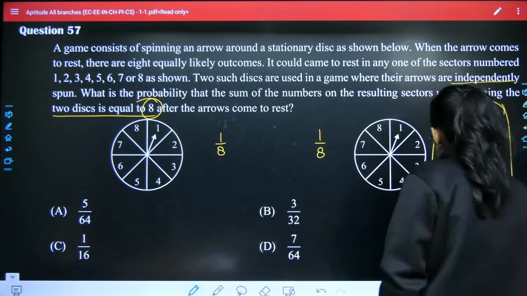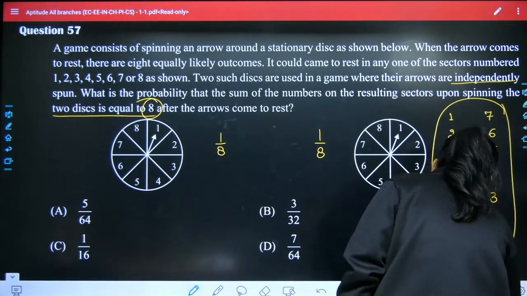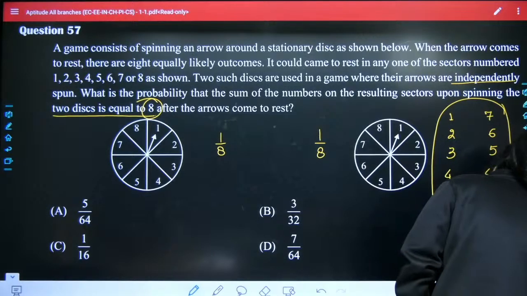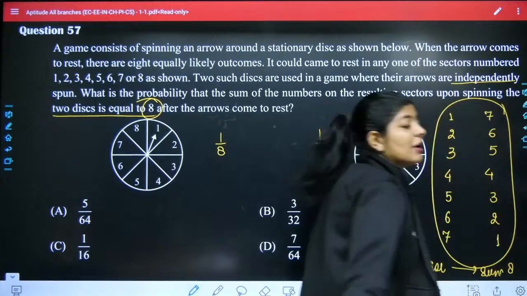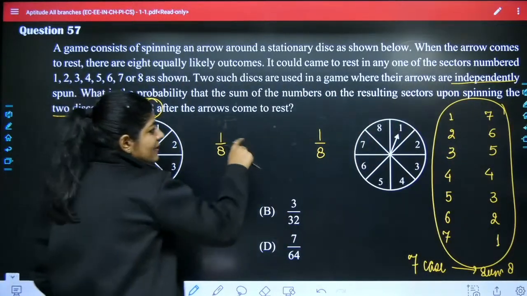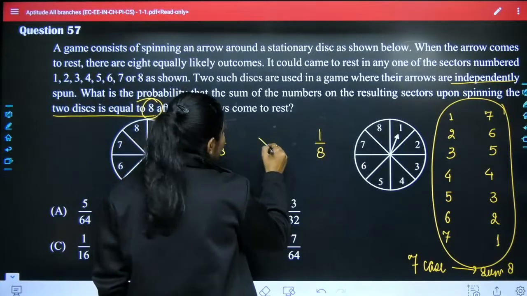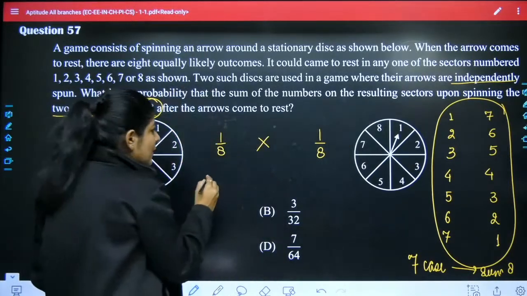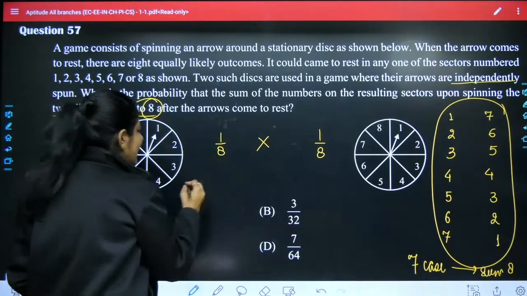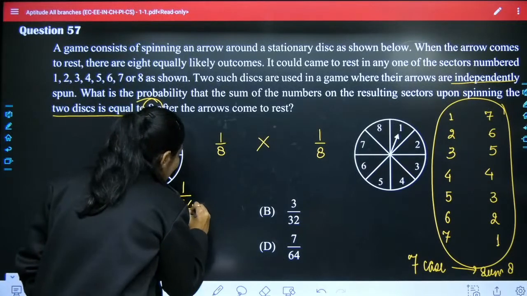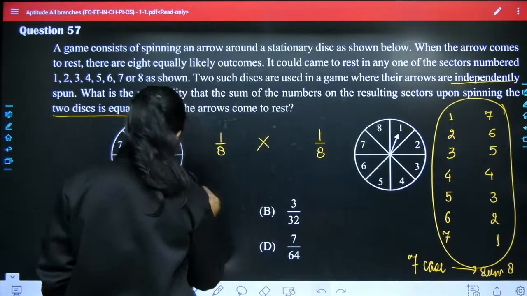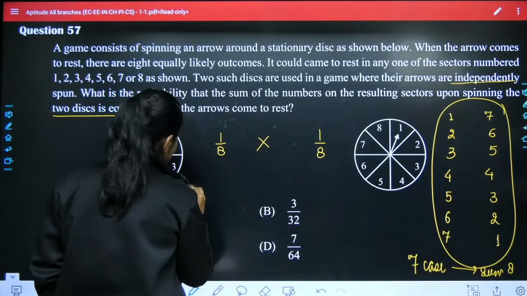From these 7 cases, we will get the sum equal to 8. Now we need to take both of these discs and multiply their probabilities. So the probability of getting any particular pair is 1 by 64, and here we have 7 favorable cases. That means the probability should be 7 by 64.